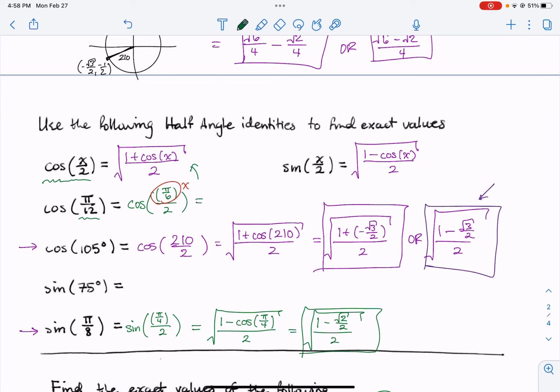So this equals 1 plus cosine of pi over 6 over 2 under a square root. Cosine of pi over 6 is going to be radical 3 over 2, and so I just put that in. Now you could definitely simplify that more, but I'm going to allow you guys just to leave it like that. You can box that as your answer. That's fine.